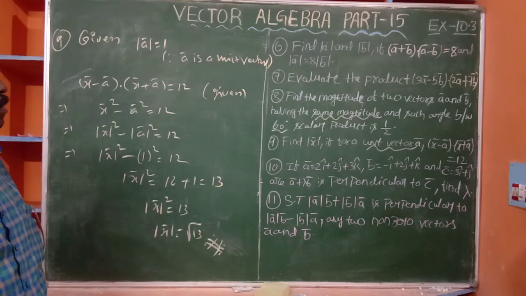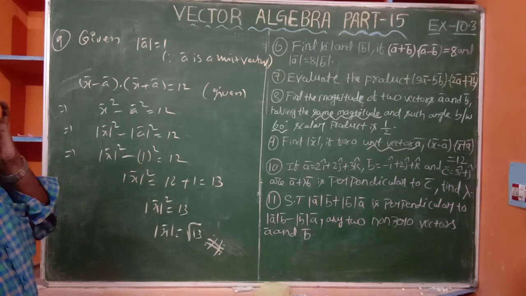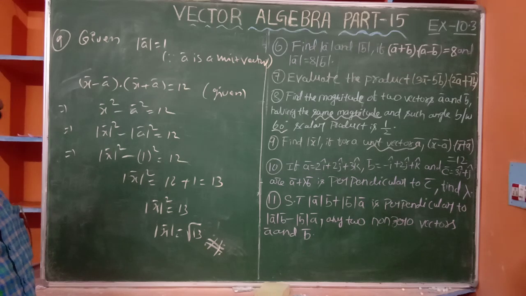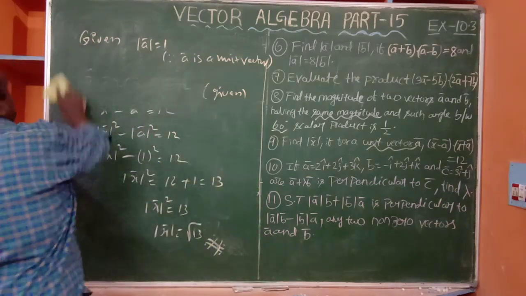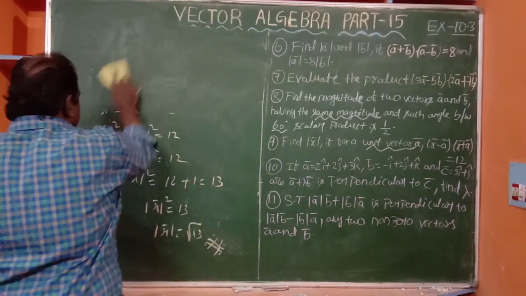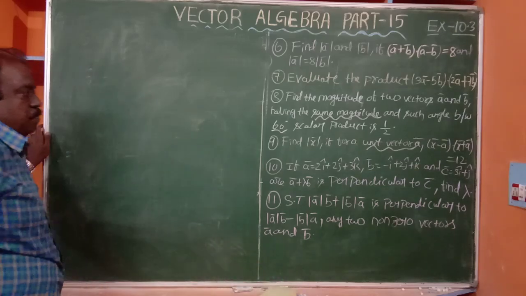Now, the 10th one. If a bar, b bar and c bar are given, and a bar plus lambda b bar is perpendicular to c bar, then find the lambda. Observe me.